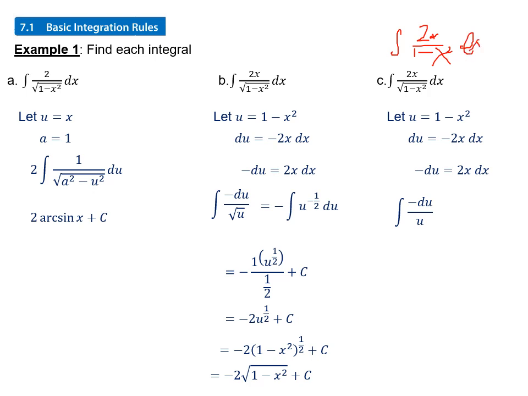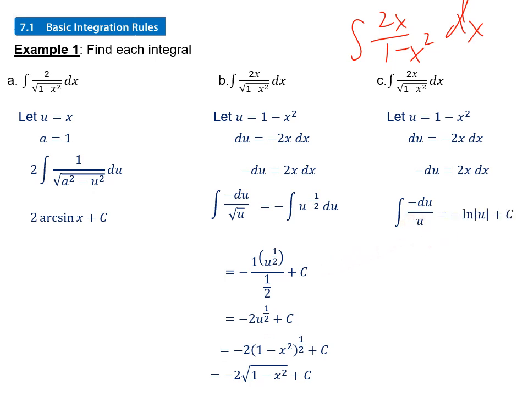Sorry about that. And let's just make it nice and pretty instead of that awful writing that I had there. So it's actually the integral of 2x over 1 minus x squared dx. Okay, that's why we get down to the integral of negative du over u.